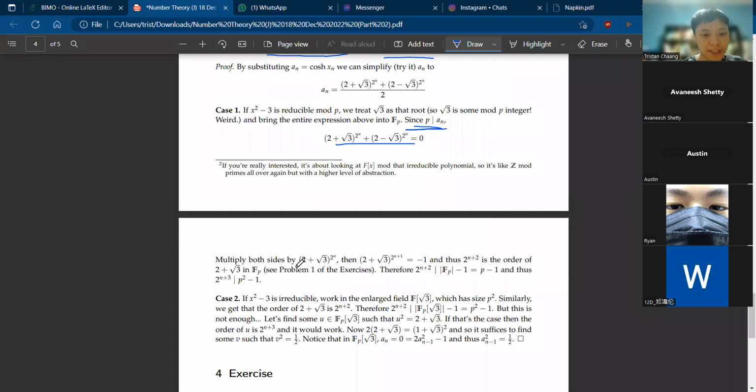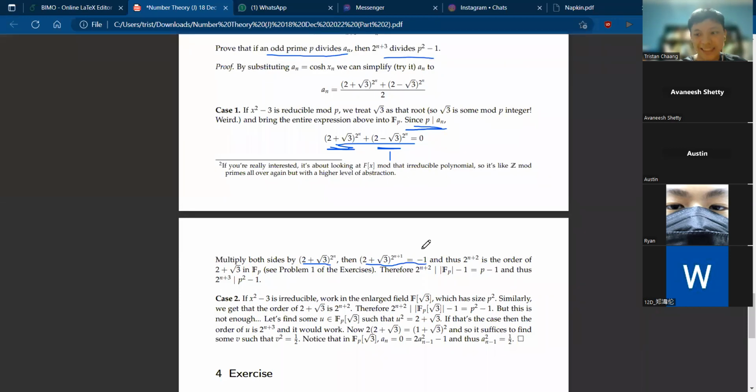Now, multiply both sides by this. That means this becomes to the power of 2^(n+1). This becomes 1, right? 2 plus square root 3 times 2 minus square root 3 is 1. You can expand that out yourself. So that means this thing is minus 1. Okay?